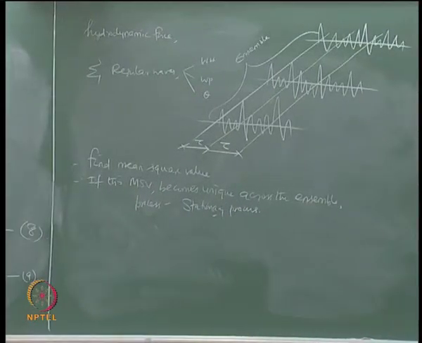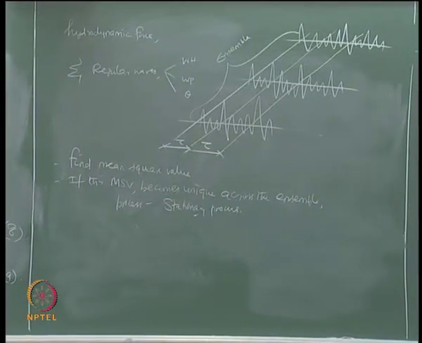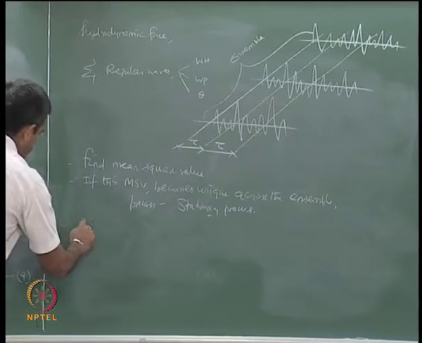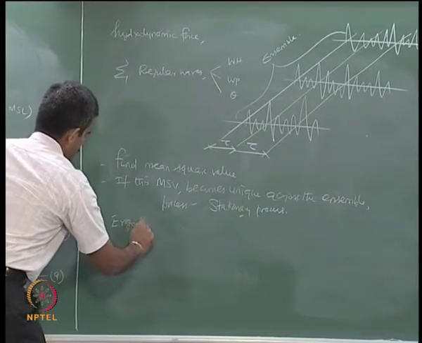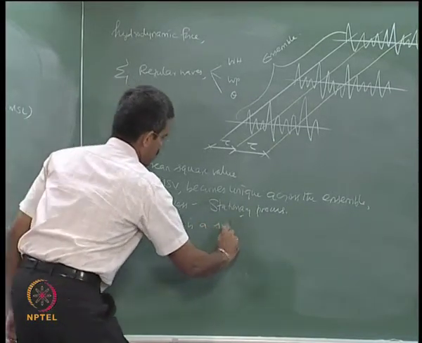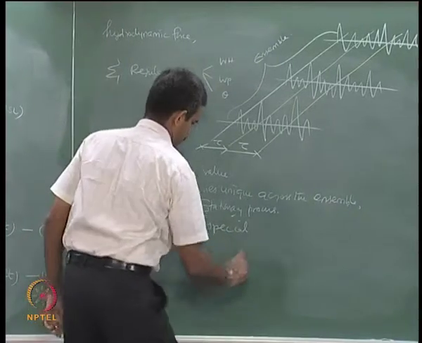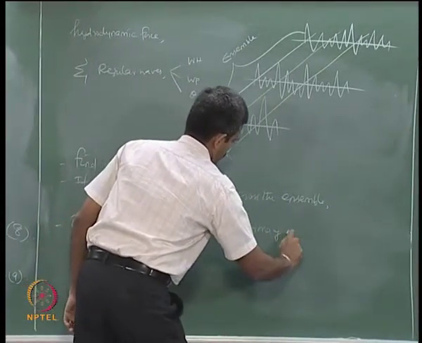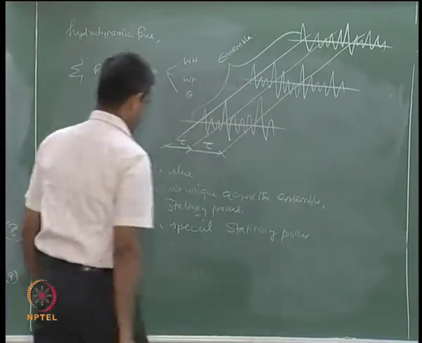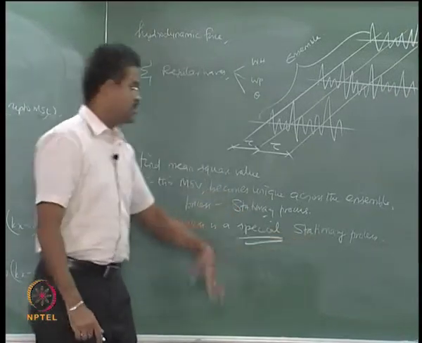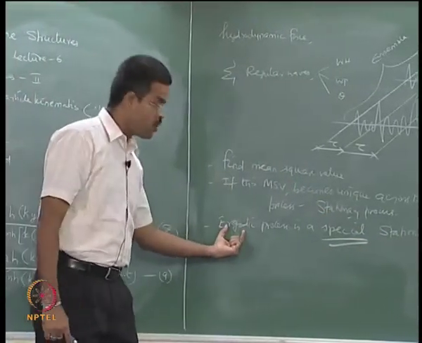The process becomes stationary. Now an ergodic process is a special stationary process. Now what is the speciality in the stationary process which is identified as an ergodic process?